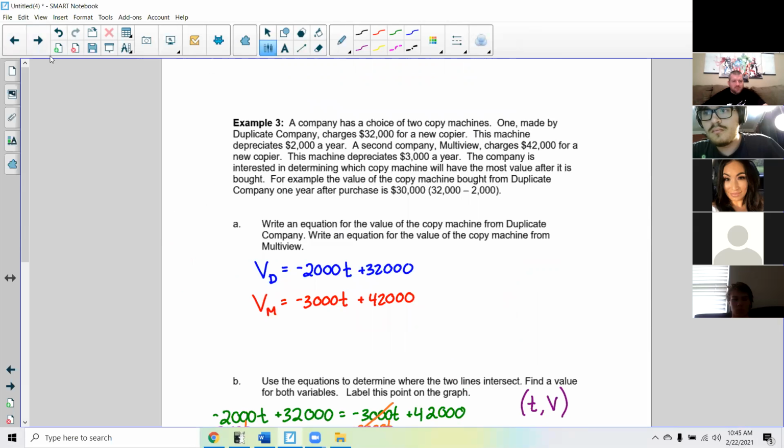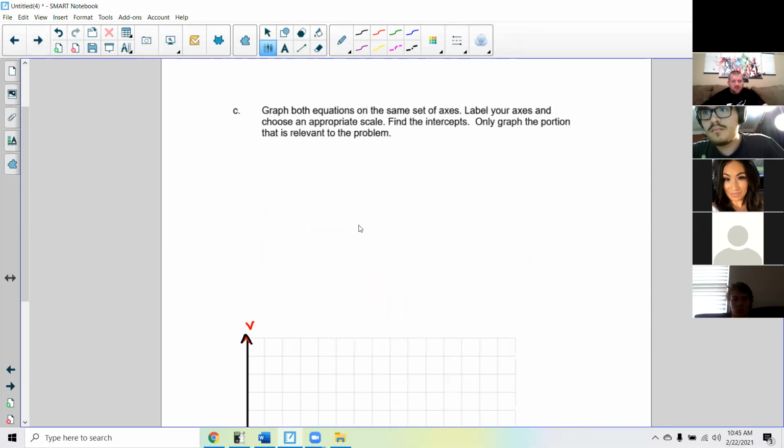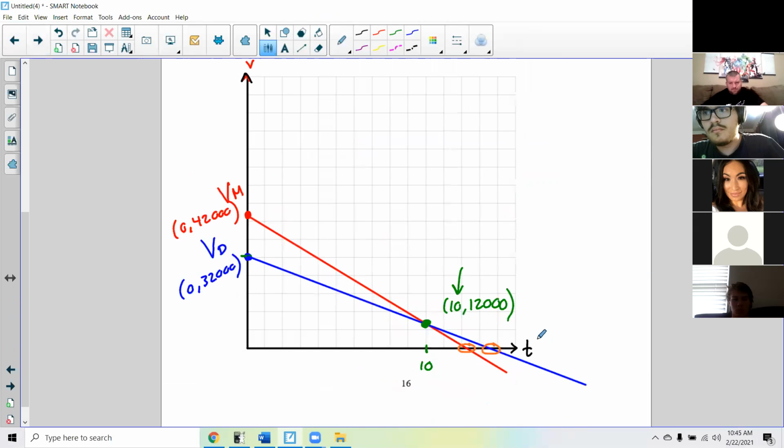I believe you get (16, 0) and this one's going to be (14, 0). Which just means that's how many years until the machines are, quote unquote, worthless.